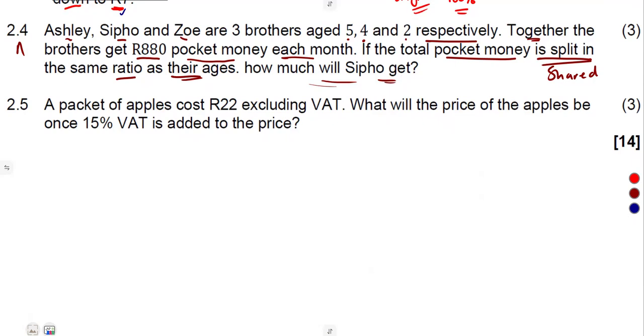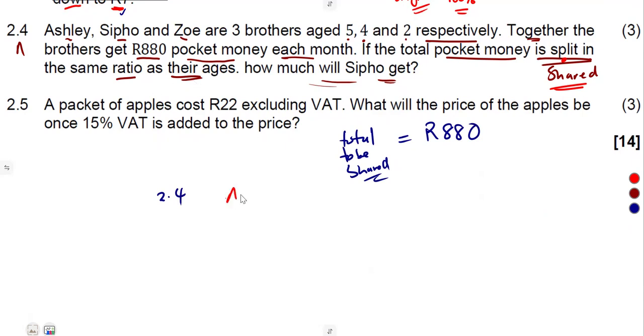So they are sharing, here it's a ratio. They are sharing 880 rand, which is the total to be shared. It was split in the same ratio as their ages.